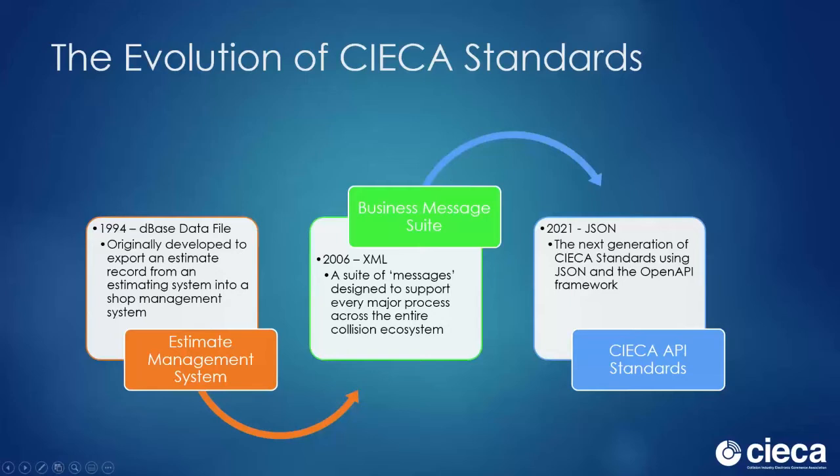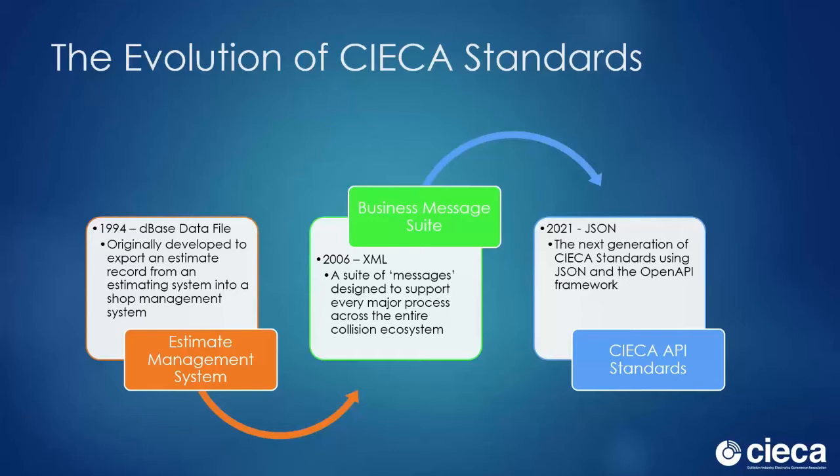CIECA was founded in 1994 for the purpose of developing a means for estimate systems to talk to shop management systems. The outcome of that effort became known as the EMS, or Estimate Management System. In the early 2000s, with the rise of XML and the recognition that the EMS was being used for processes far beyond its initial purpose, CIECA set about the creation of the BMS, or Business Message Suite, which provides a great deal more functionality and addresses many more business functions.